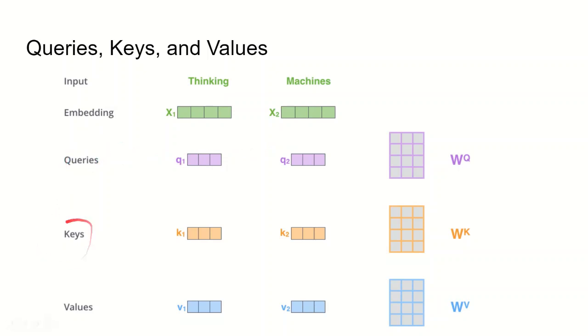Our query, key, and value tensors are all going to have the same dimensions. They're going to be some batch length by sequence length by their embedding dimension. But some of these dimensions will have different values. In particular, the embedding dimension is a hyperparameter that we choose.